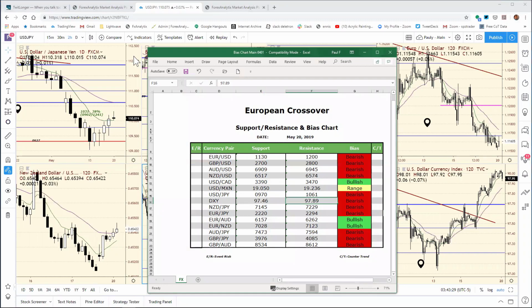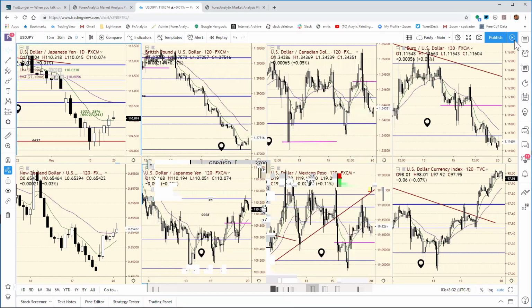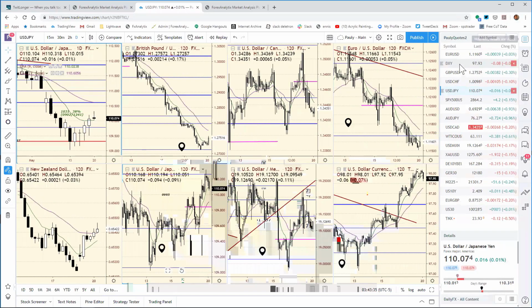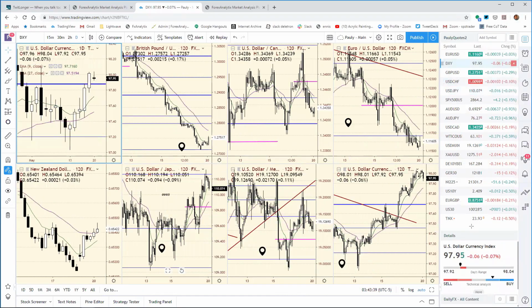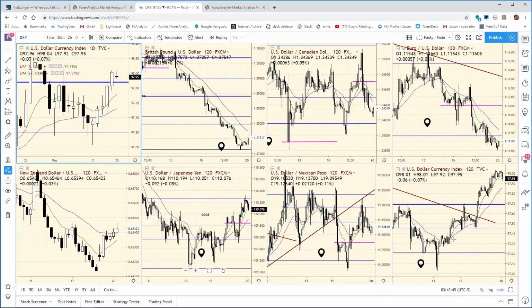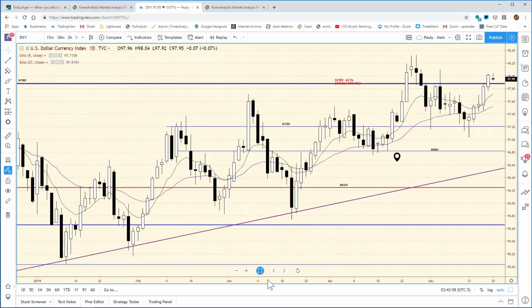But let's go into the cash dollar index. So it says the dollar index has reclaimed the 97.89 allowing for a challenge of 98.73 with immediate resistance at 98.33. Support is 97.53. So that immediate resistance is going to be this 98.33.